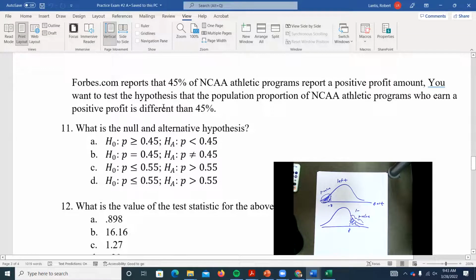What's the answer for 11? I want to know, is it different than 45% or a proportion of 0.45? What should I be thinking about as my alternative hypothesis? Yeah, so different than is not equal to, right? So anytime I see this term different than when it comes to hypothesis testing, two-tailed test. What's a two-tailed test? Well, that's when I have this not equal to sign, right? Not equal to or two-tailed test.